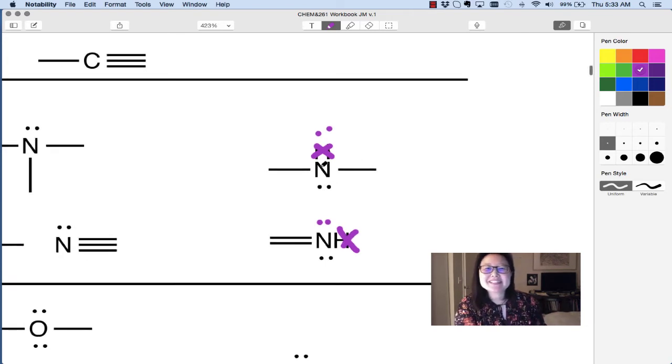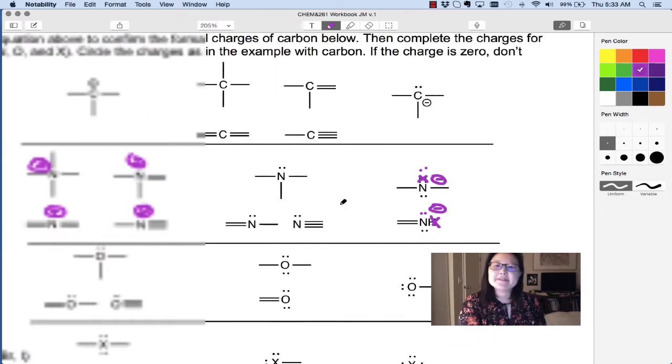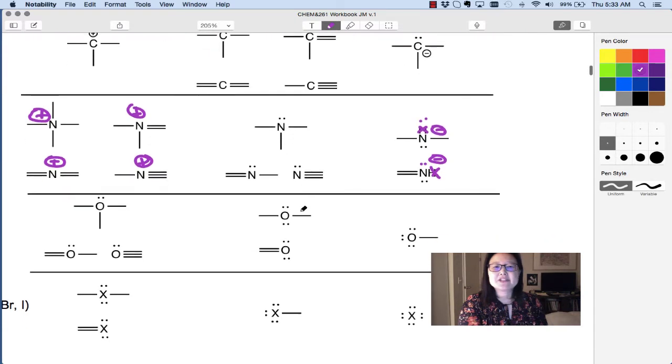So actually this is nitrogen with a lone pair here and a lone pair here and 2 bonds. So when nitrogen replaces a bond with a lone pair, now it feels like it's got more electrons. So this is going to turn out to be negatively charged. Again, use your calculation if you want just to verify that, but these are negatively charged.